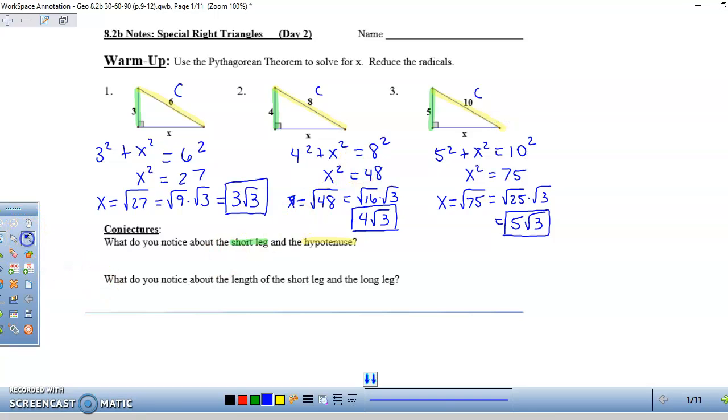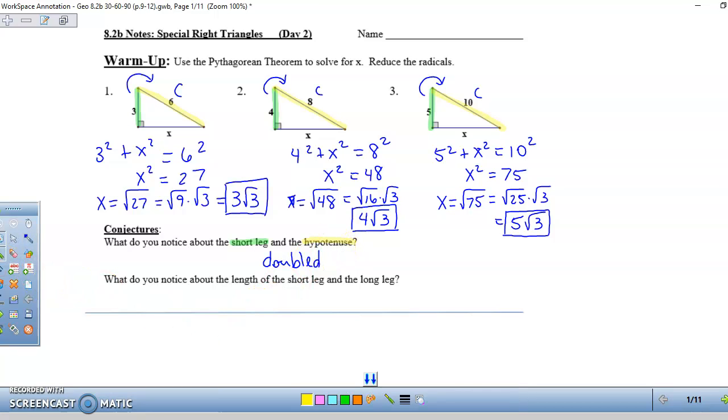So what you can look at here is how are those related? From 3 to 6, from 4 to 8, from 5 to 10. It should be fairly obvious that they are doubled. So if you do the short leg times 2, it's the hypotenuse.